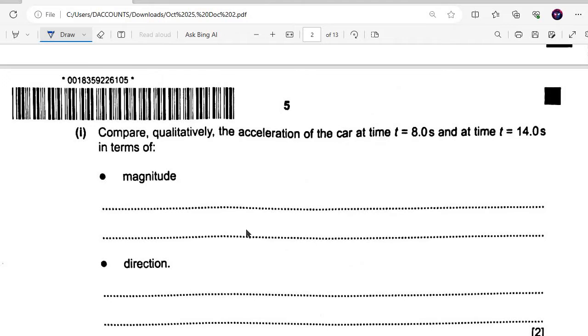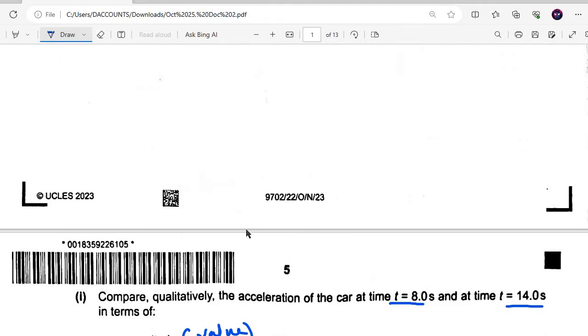So compare qualitatively the acceleration of the car at t equals 8 seconds and at t equals 14 seconds. Magnitude means the value, and also the direction.